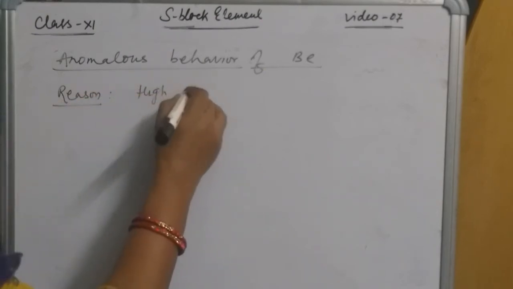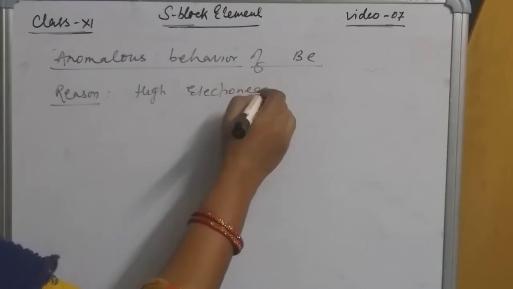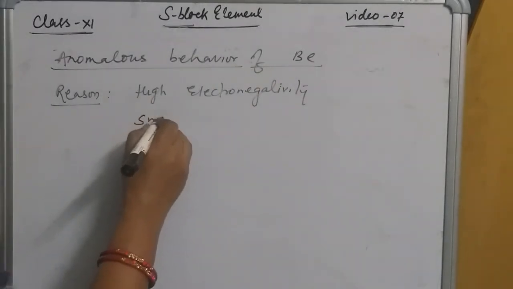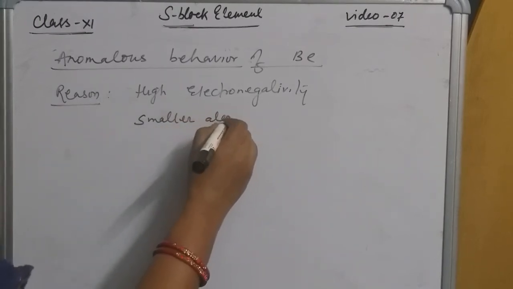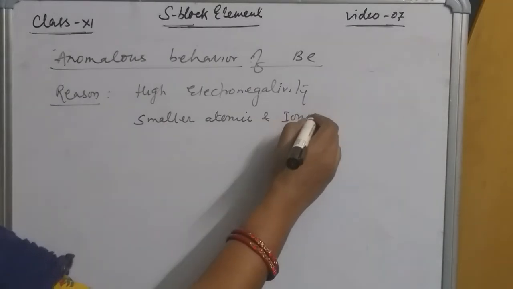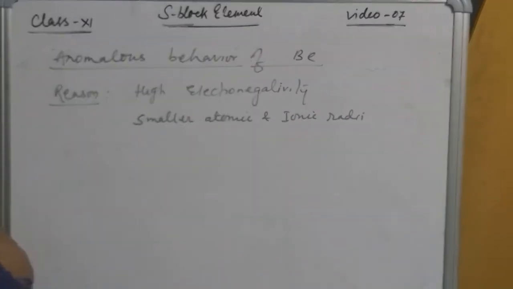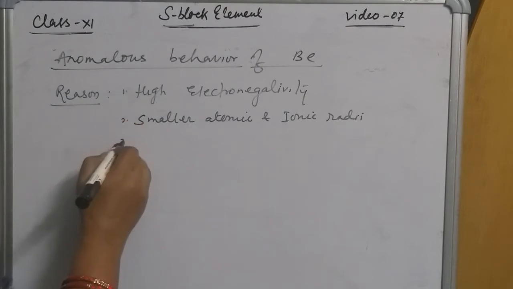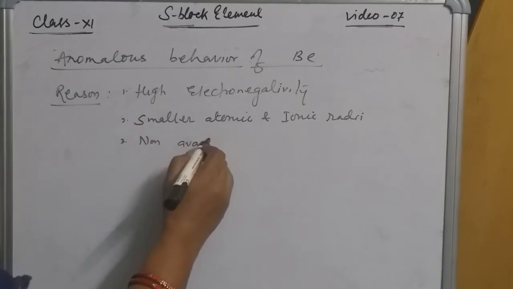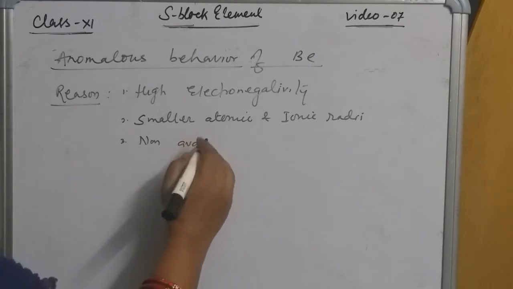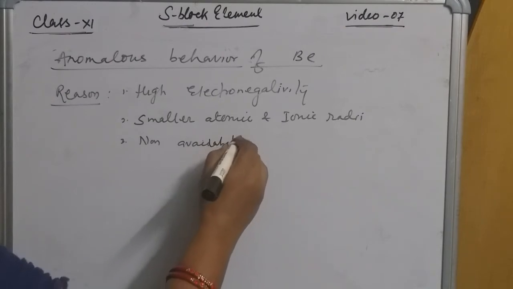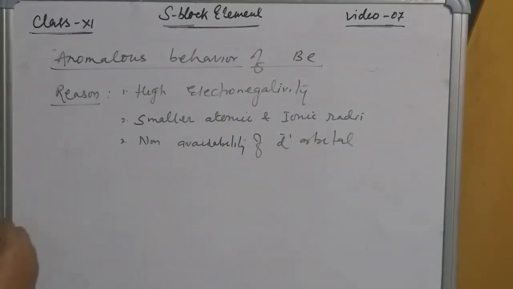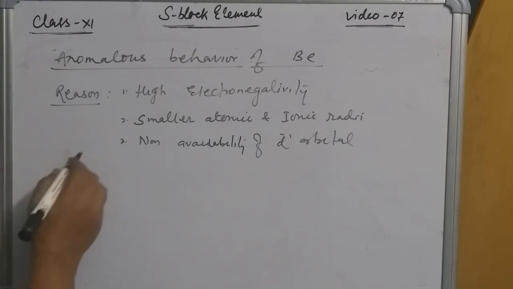High electronegativity, smaller atomic and ionic radius, non-availability of d orbital, differ from the others.